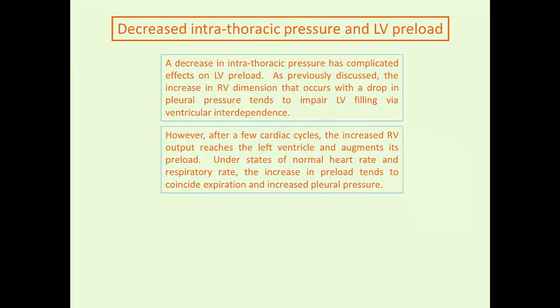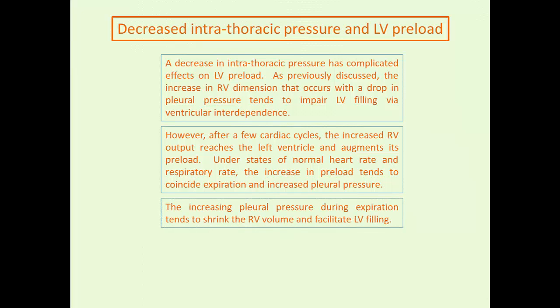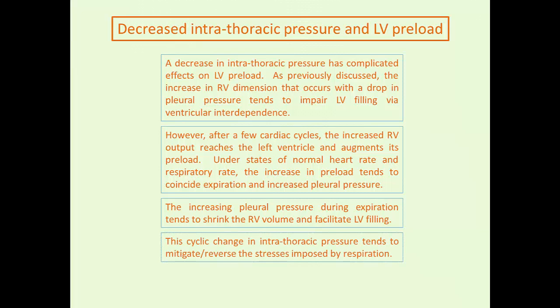Under states of normal heart rate and respiratory rate, the increase in preload tends to coincide with expiration and increased pleural pressure. The increasing pleural pressure during expiration tends to shrink the RV volume and facilitate LV filling. And then the cyclic changing in intrathoracic pressure tends to mitigate or reverse the stresses imposed by respiration.